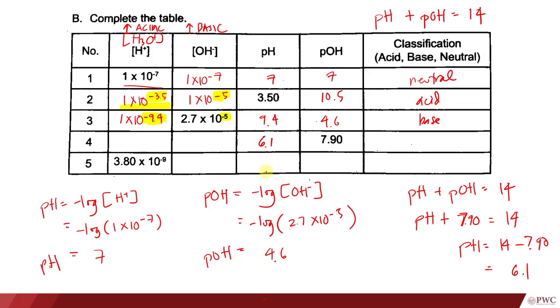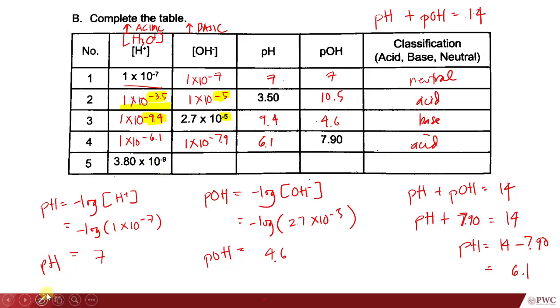Next, we can determine the concentration of H plus and then the OH minus. H plus is 1 times 10 to the power of negative 6.1. Then the OH minus is 1 times 10 to the power of negative 7.9. If you look, the pH here is 6.1. That's below 7, so this one is an acid.